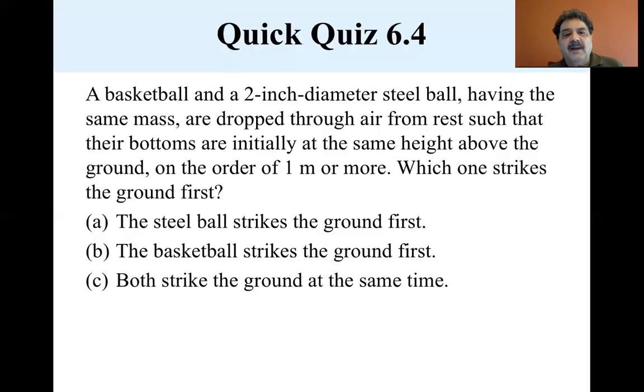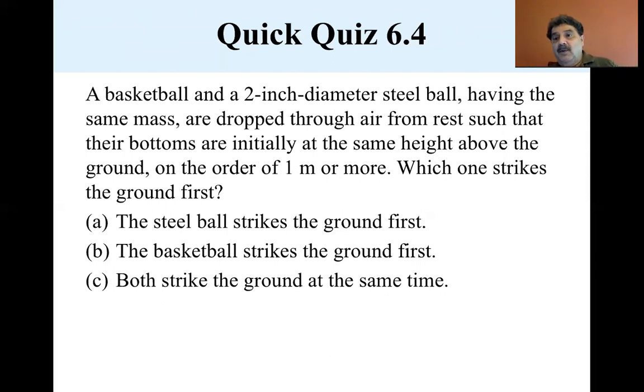Let's take a quick quiz. A basketball and a 2-inch diameter steel ball having the same mass are dropped through air from rest such that their bottoms are initially at the same height above the ground, on the order of 1 meter or more. Which one strikes the ground first? The steel ball, the basketball, or both strike the ground at the same time?